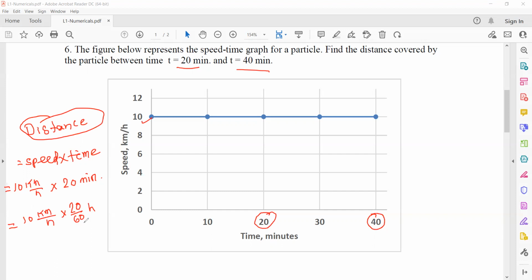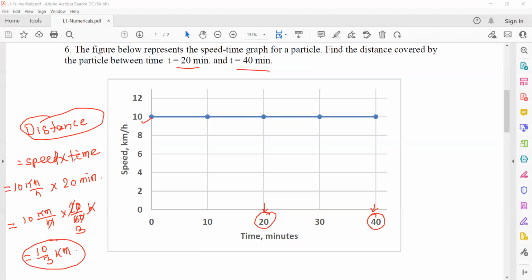So how we can calculate this now? It has become so simple. So the zero gets cancelled and it will be 3. So it will be 10 by 3 kilometer. So in this given time, t 20 minutes and t 40 minutes, the distance covered by the object is 10 by 3 kilometers.